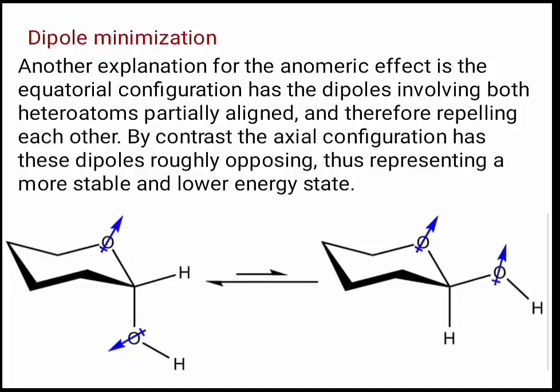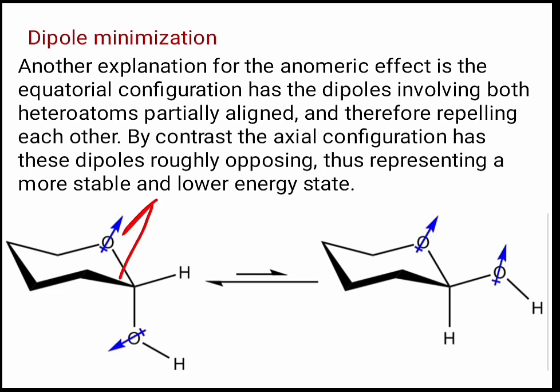Another reason is dipole minimization. Another explanation for the anomeric effect is that the equatorial configuration has the dipoles involving both heteroatoms partially aligned and therefore repelling each other. By contrast, the axial configuration has these dipoles roughly opposing, thus representing a more stable and lower energy state.